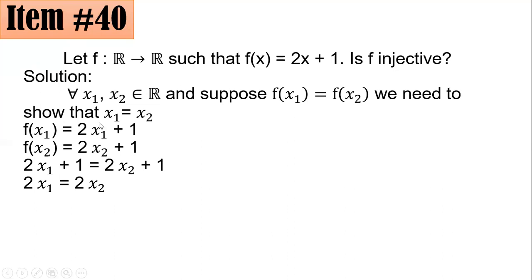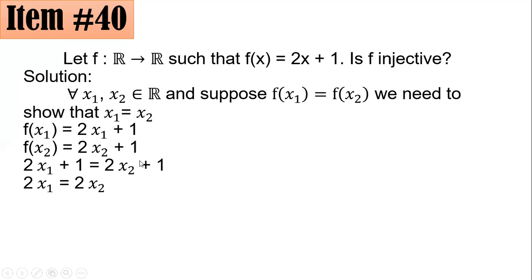By substitution, I will replace the x with x sub 1. So you have f of x sub 1 equals 2x sub 1 plus 1. I also replace the x with x sub 2, so I have f of x sub 2 equals 2x sub 2 plus 1. We have to equate them using this concept. Equating these two, we have 2x sub 1 plus 1 equals 2x sub 2 plus 1.